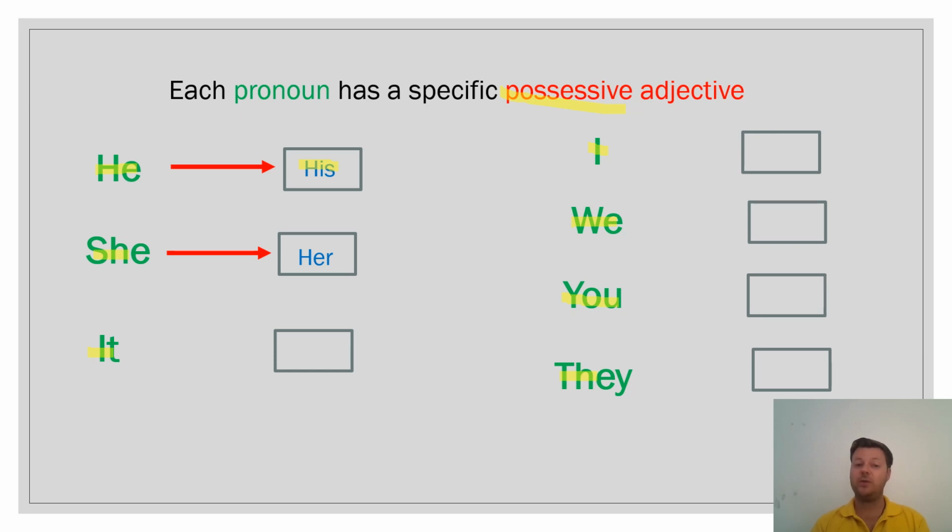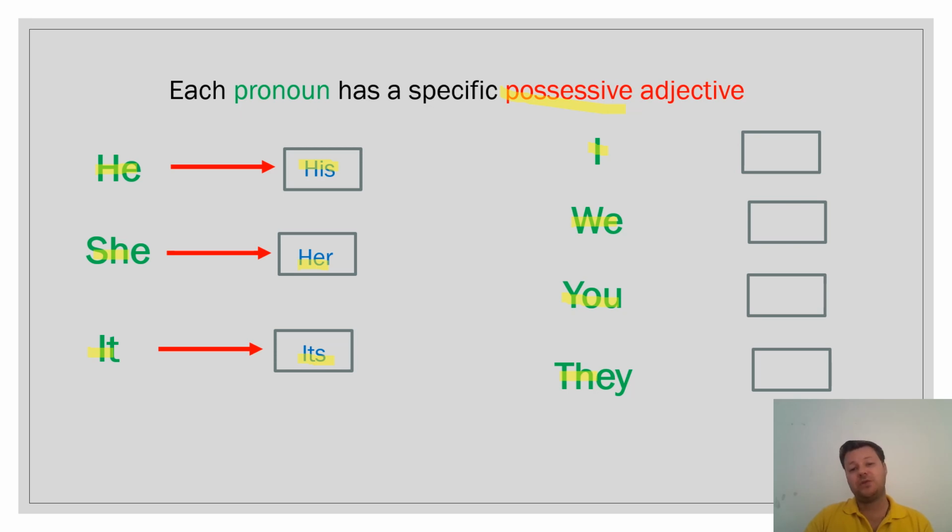For a girl, we will use her. Her dress. Her book. It. Remember, it is for animals, objects, and things. We are going to use its. Its apple. Its eye. Its nose.